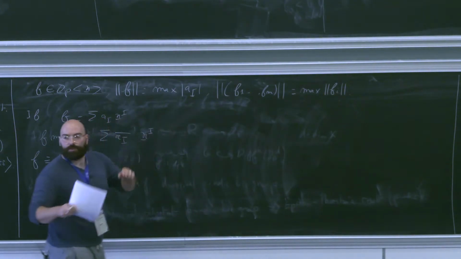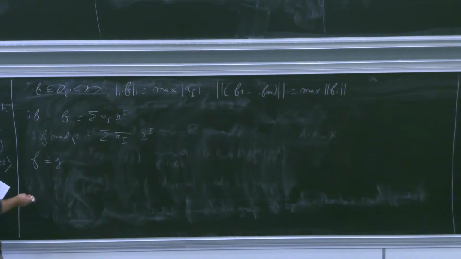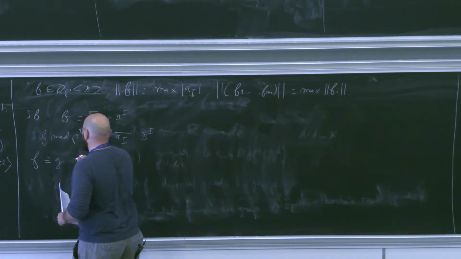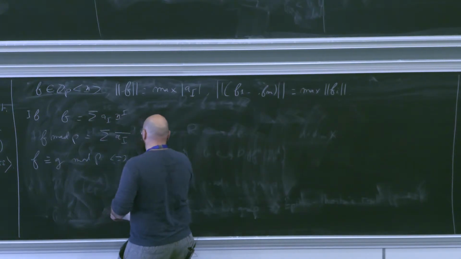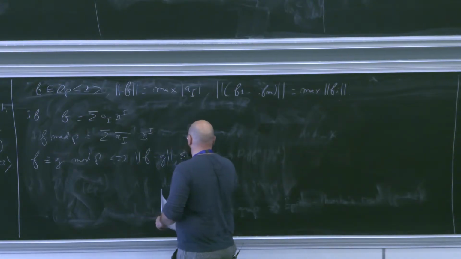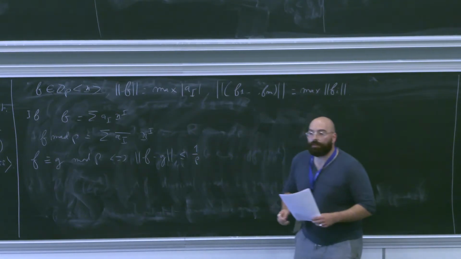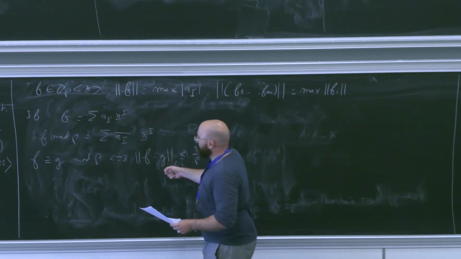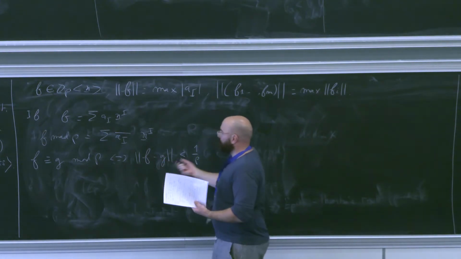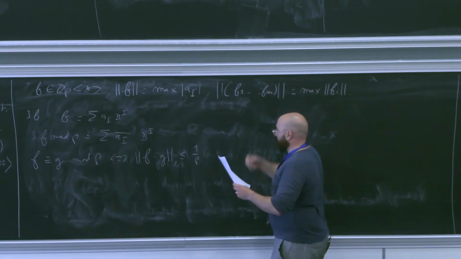You can reduce each coordinate mod p. And so what does it mean that two functions are congruent modulo p? This is equivalent to saying that the Gauss norm of their difference is less than 1 over p. Okay. So the same discussion we had for the p-adic integers works as well in that setting.